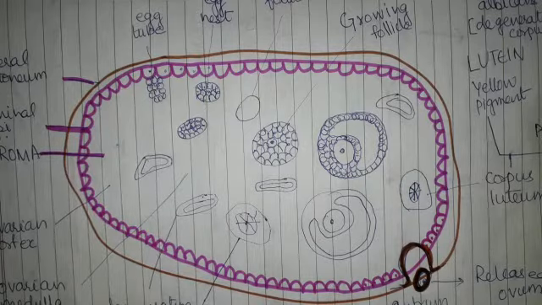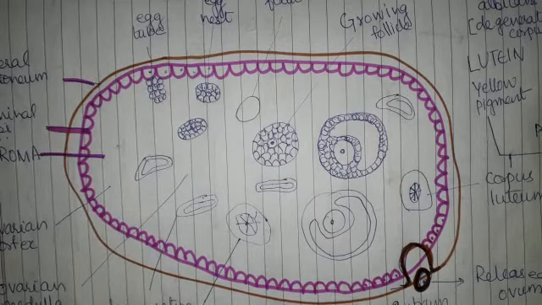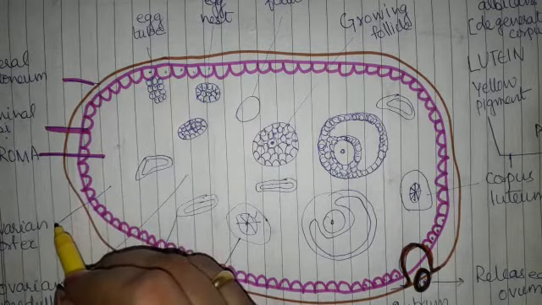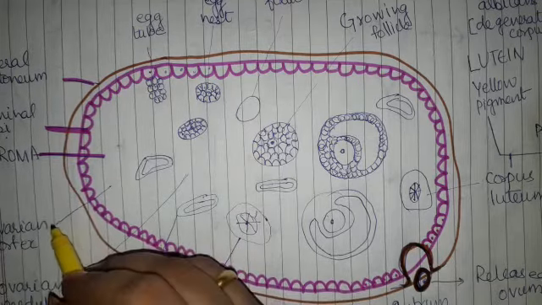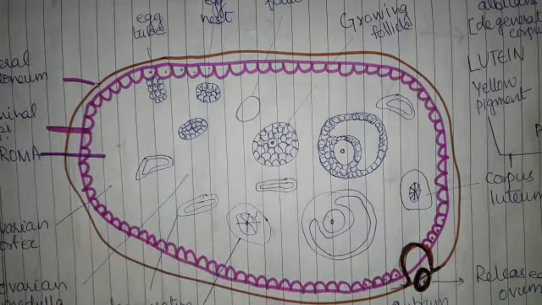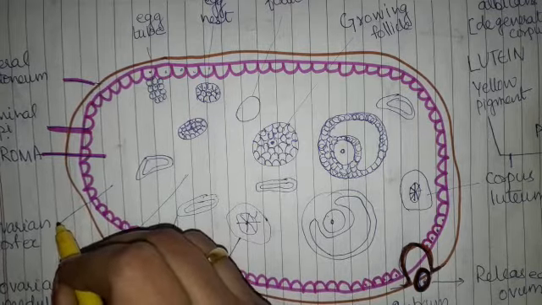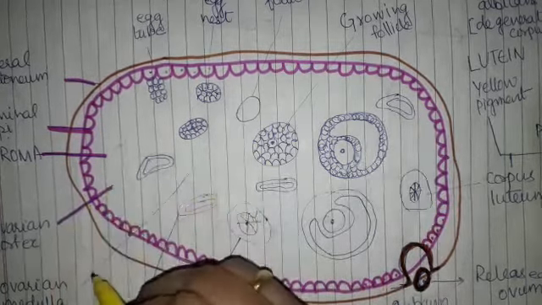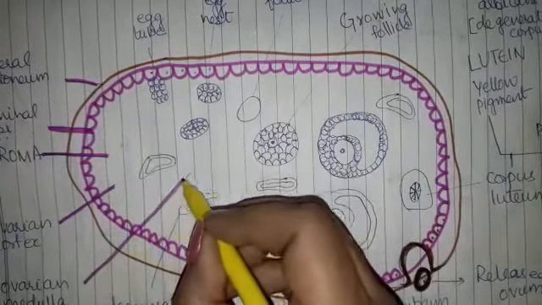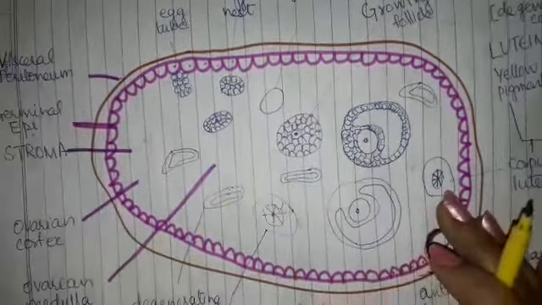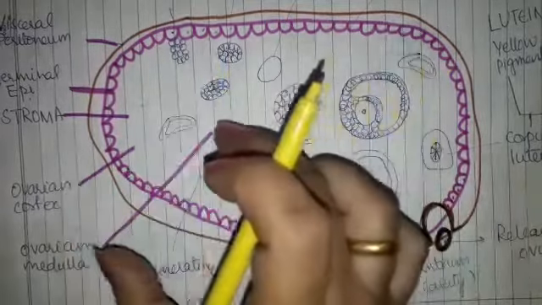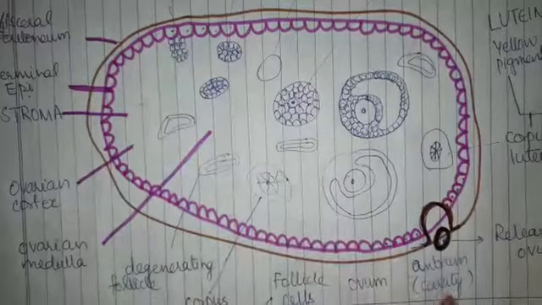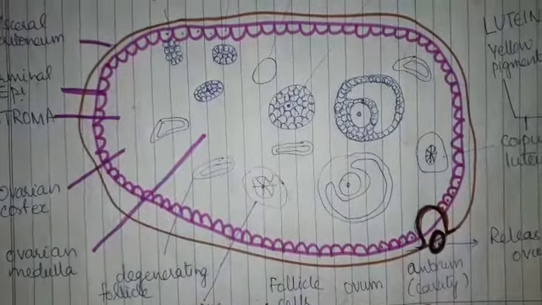This stroma further consists of an outer region, that is ovarian cortex, and the inner region, that is ovarian medulla.